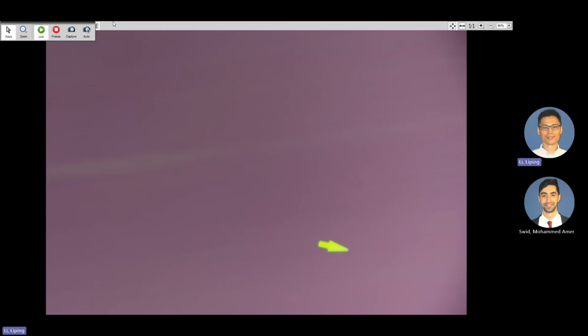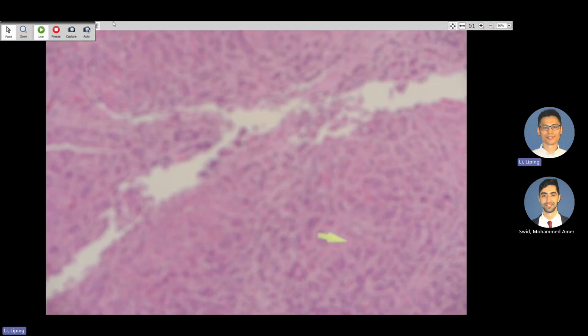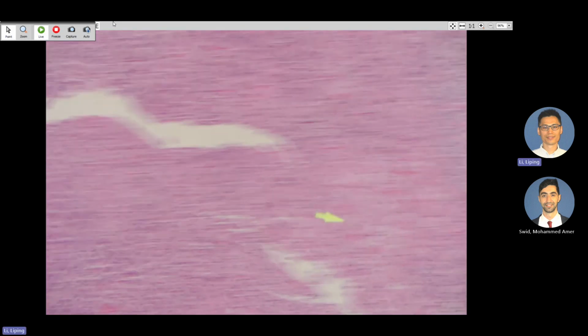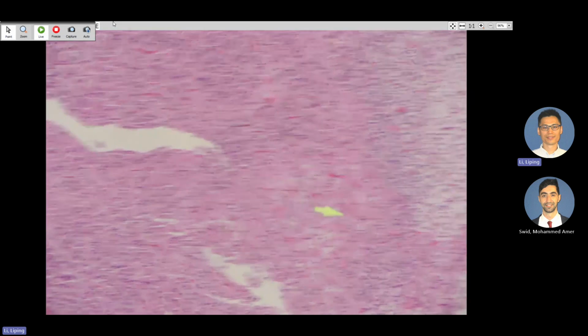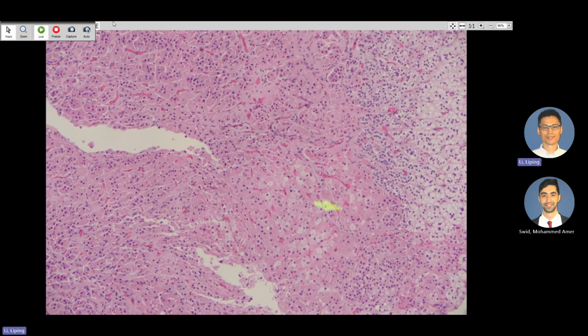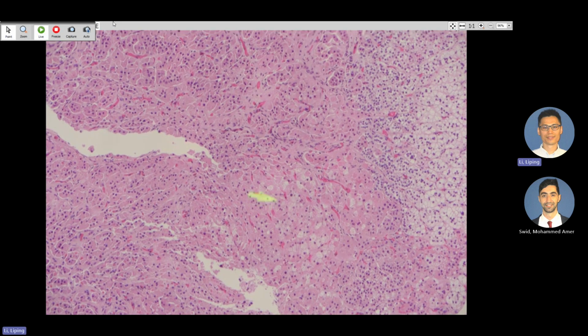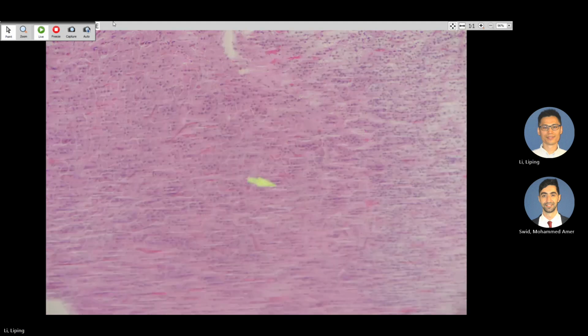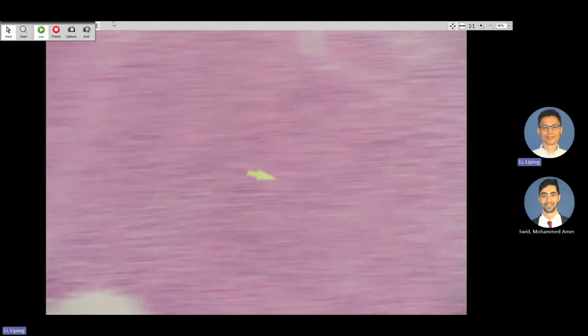And then going to high power, we see these oncocytic cytoplasm sheets, and here we have some lipid-rich cells. And if we look for necrosis and mitosis in this slide, there are none of them.